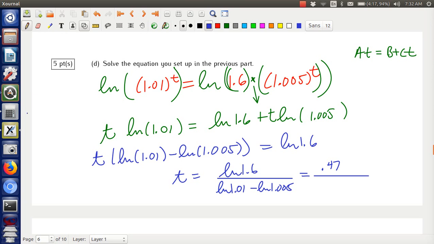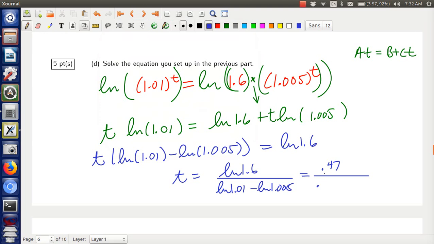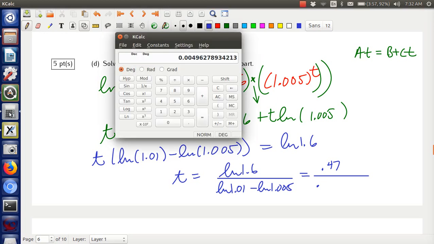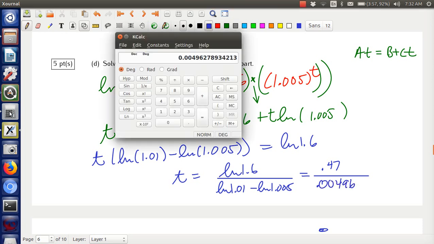I can leave that alone. Natural log of 1.01 minus natural log of 1.005 equals 0.0049628.